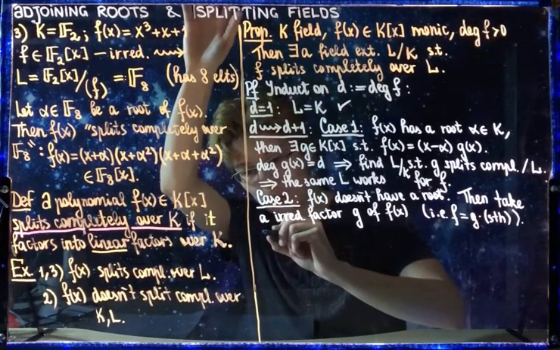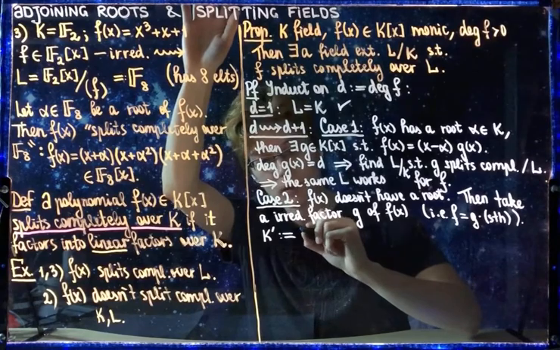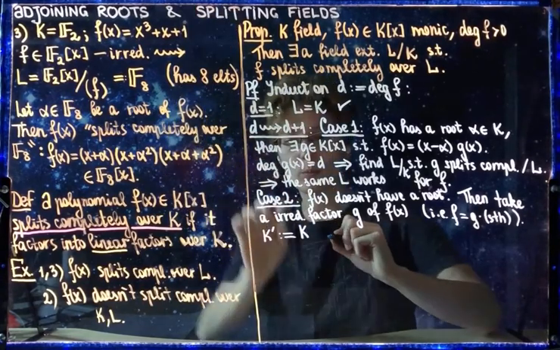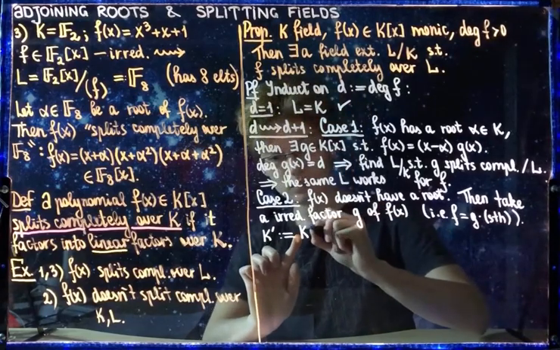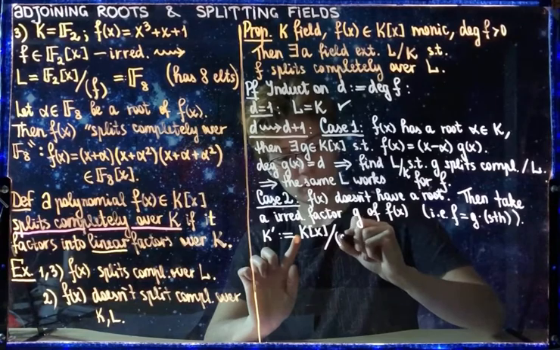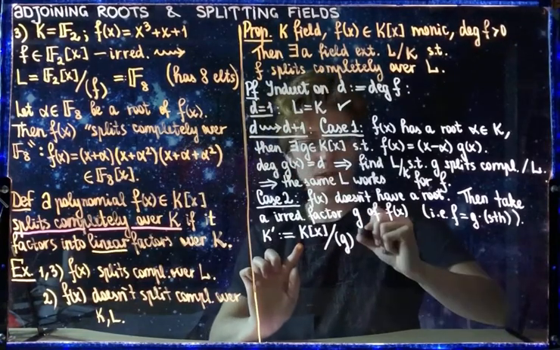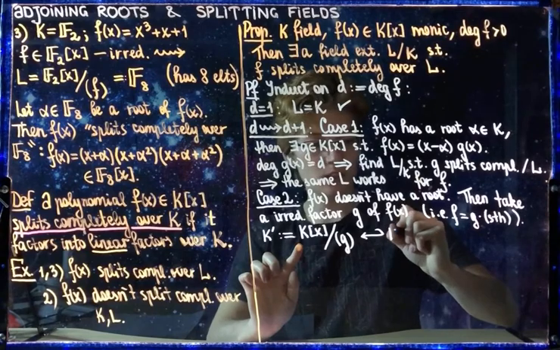Then we can denote by k prime the field extension which is obtained from k by adjoining a root of g, k adjoin x mod out by g. And this is a field, and this is a field extension of k.